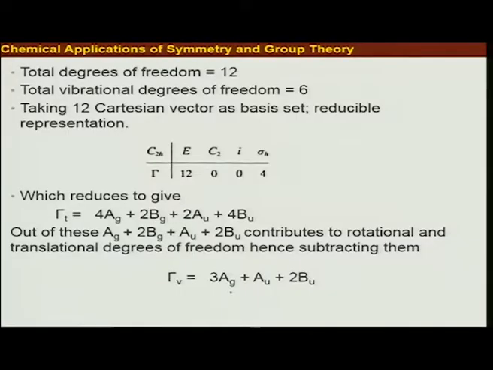Then we took all the Cartesian coordinates on each and every atom as our basis functions. So there are 3n basis functions for any given molecule, and for this particular N2F2 molecule, we found a basis set comprising 12 Cartesian vectors.